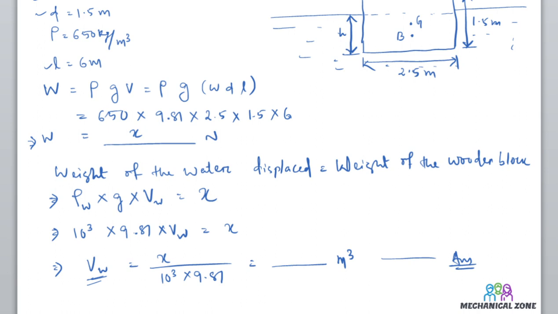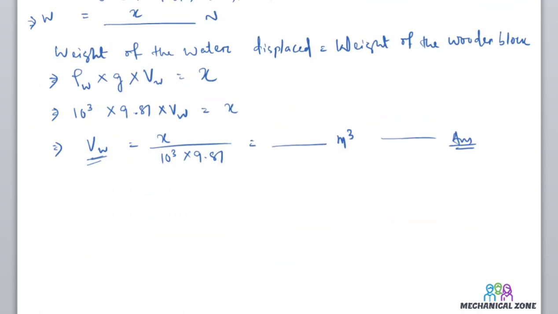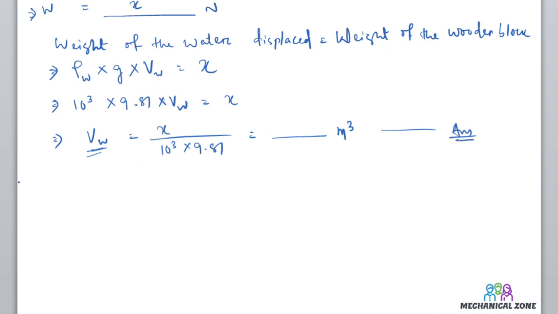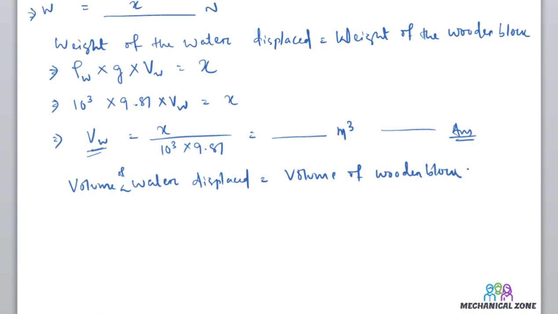So, you can write it like this: the volume of water displaced is equal to volume of wooden block inside water.